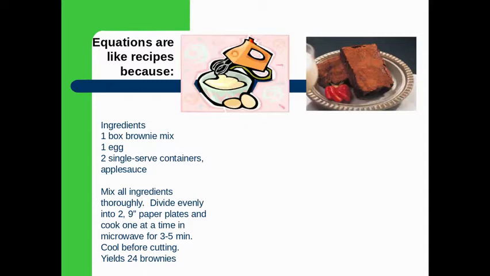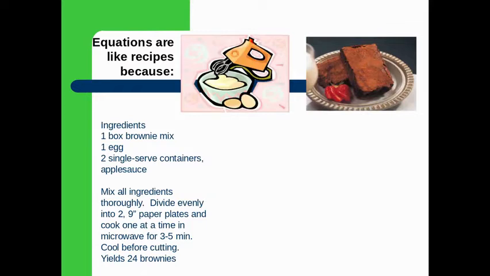So to give you an analogy of how chemical equations are like recipes, I have here a really simple recipe for microwave brownies. And if you haven't tried these, they're not too bad. But you can see here the ingredients are listed first. A box of brownie mix, an egg, and 2 single-serve containers of applesauce.